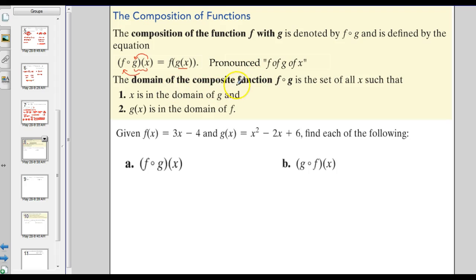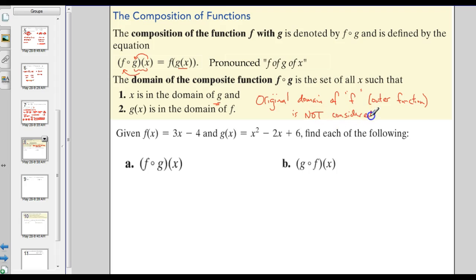Alright, now, the domain of the composition. It's all the x's that go into g, and then g of x after that is in the domain of f, after we've composed. So the thing that you've got to understand here is the original domain of f, which by that we mean the outer function, is not considered.